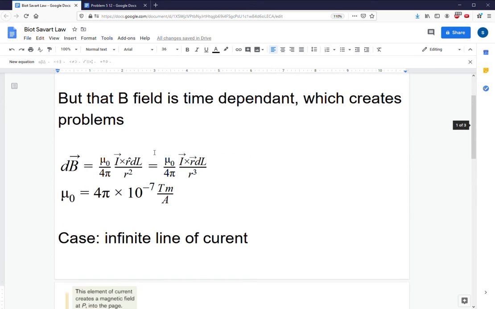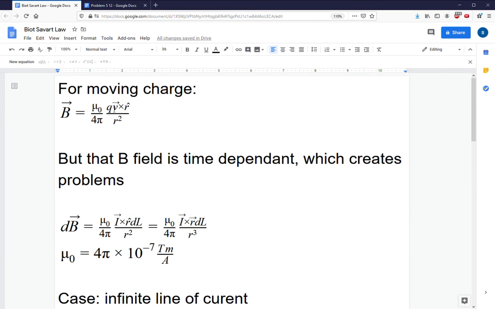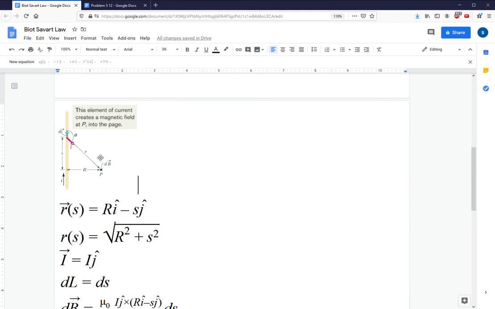And we can write, and now we have I, r, dl, and r squared, that we need to write them all in terms of s. So first of all, s being defined the way that it is, we can say that the magnitude of this r vector is, by the Pythagorean theorem, the square root of big R squared plus s squared.